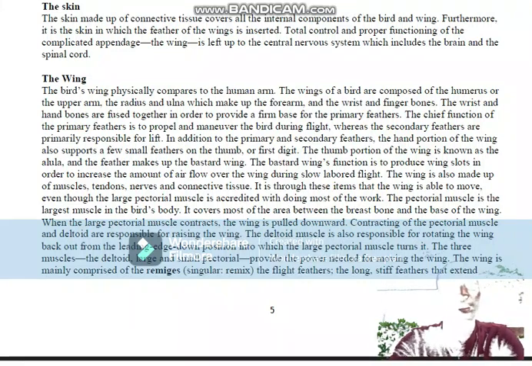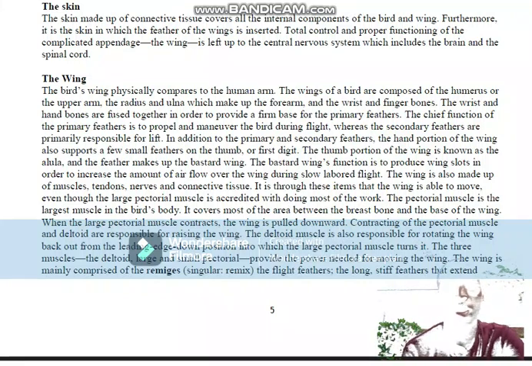Now, dipping down into the wing, it is very much alike to the human arm, because when you check the basic anatomy of the wing, it is mainly the same as the anatomy of the human arm.